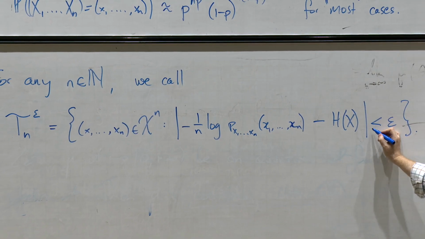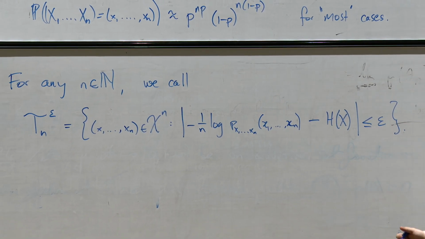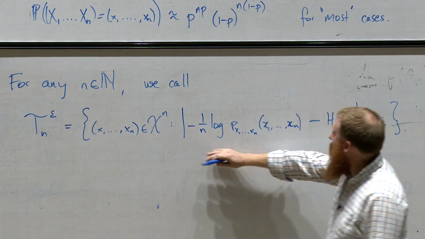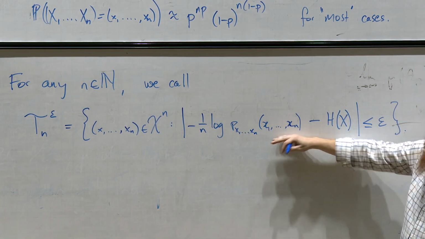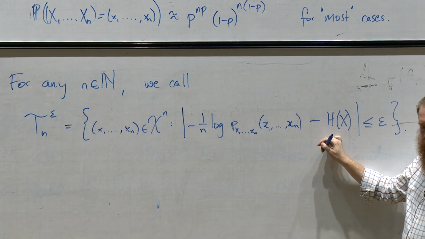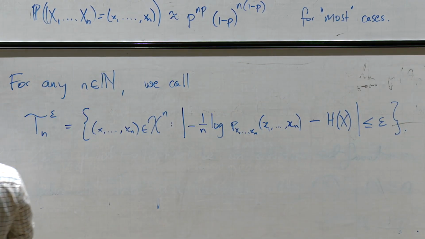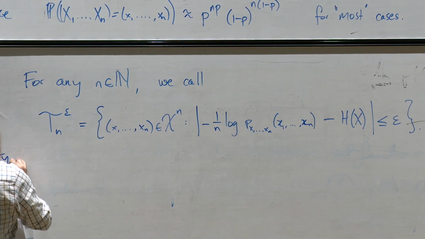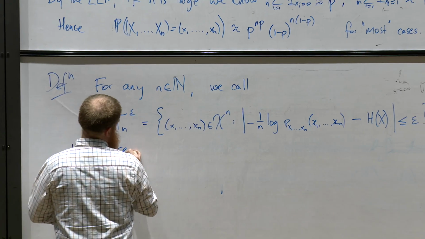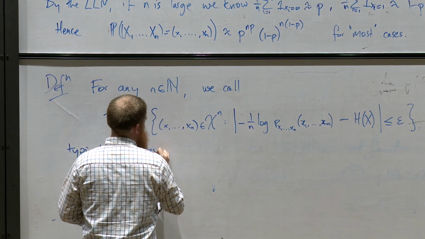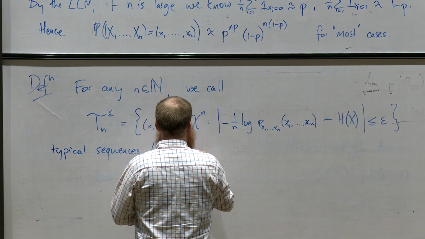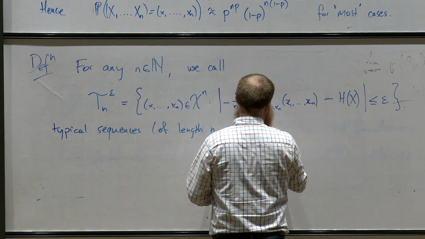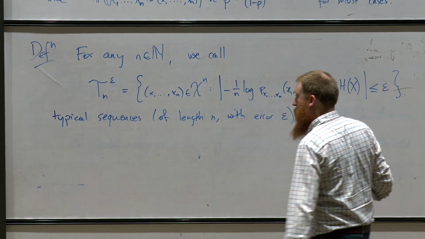We can say less than or equal to epsilon; it doesn't really matter. So I'm going to say I've got a typical sequence if it's a sequence where this quantity is close to the entropy. So we call these typical sequences of length n with error epsilon.